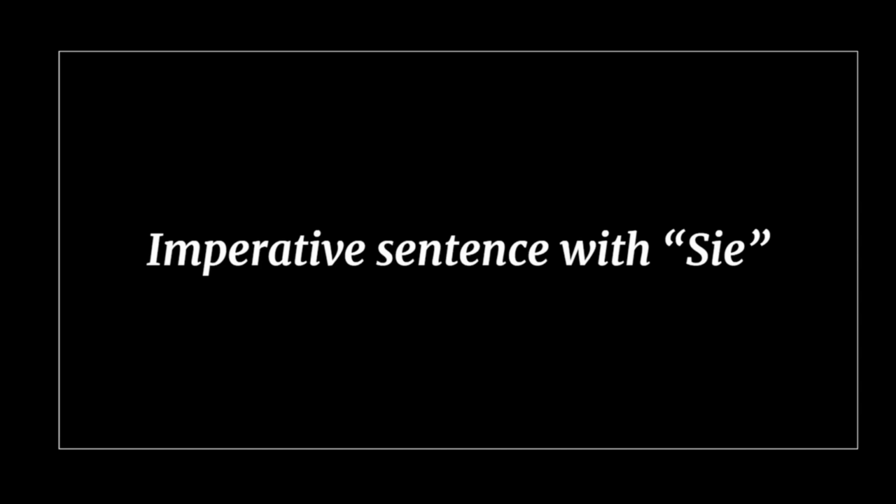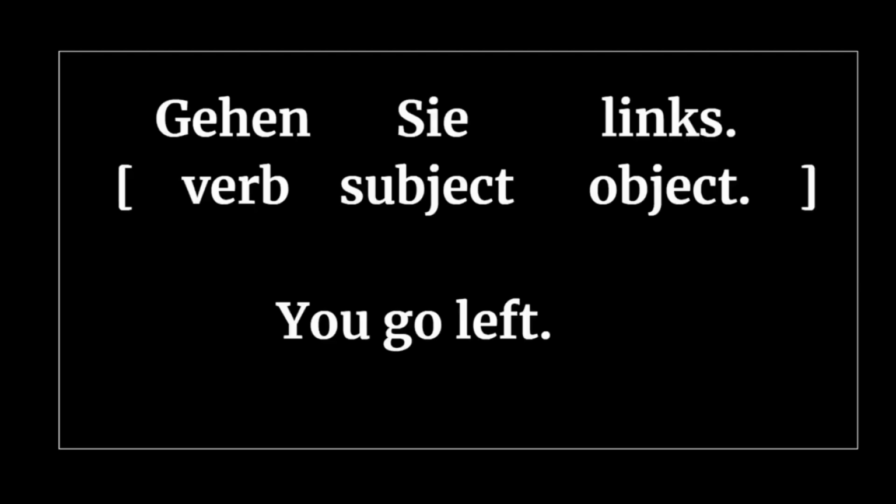Now, let us try to understand the sentence structure of an imperative sentence using Sie. We use Sie as the subject whenever we want to give instruction to somebody. For example, gehen Sie links. That means you go left.